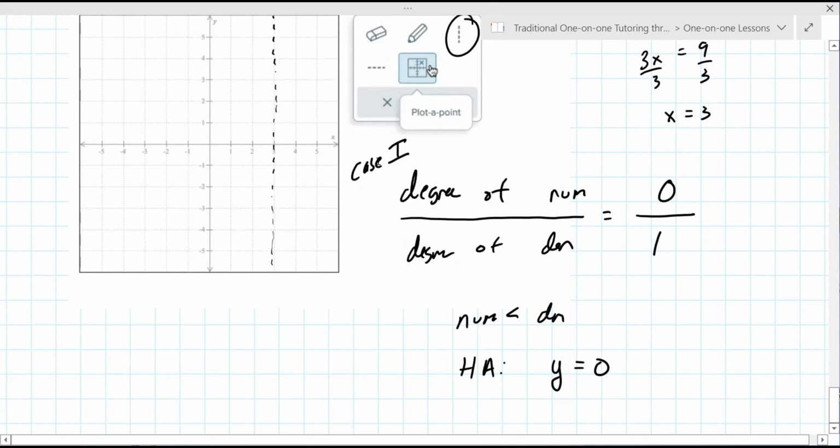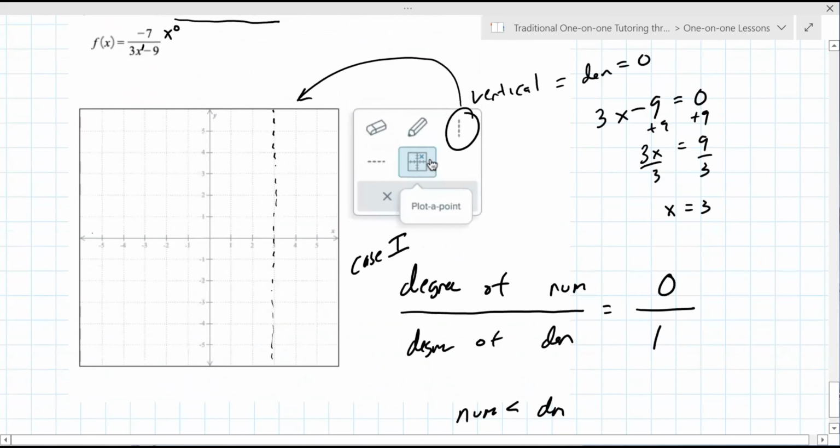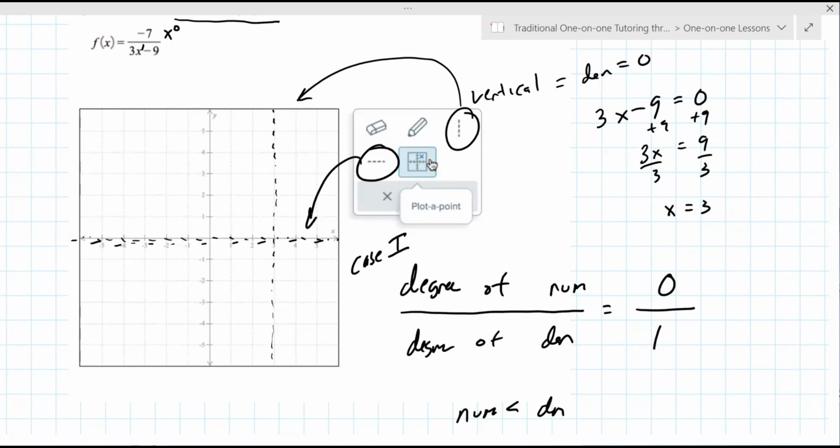It might be case 2, but in this case it's always y equals 0, and that's the horizontal line right there. Do I have to graph that now? Yes, you must do that. Okay, I'll check it. Got it correct.